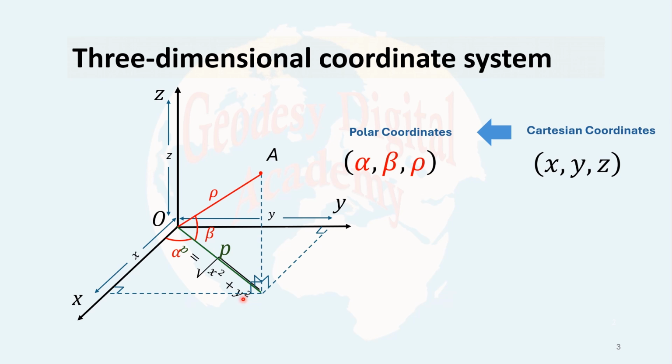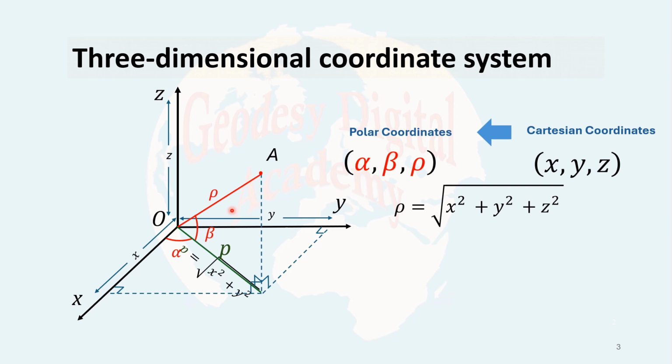So if I have this side and I want, for example, rho, it's enough that I have this side squared plus this side squared, and I take the square root of the result and I get rho that way.